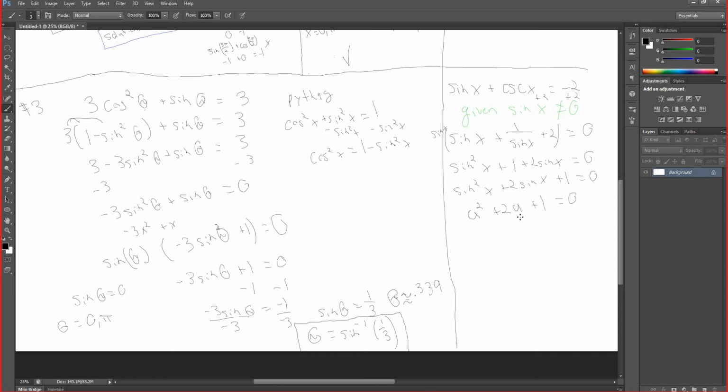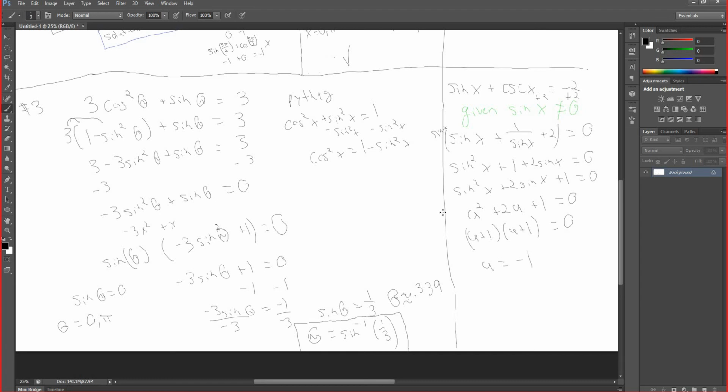And then I just have to find factors, either by doing Pythagorean identity or regular factoring. I know factors of 1 are just 1 and 1. 1 plus 1 is 2. So I have u plus 1 times u plus 1 is 0. So for both of them, u is equal to -1.